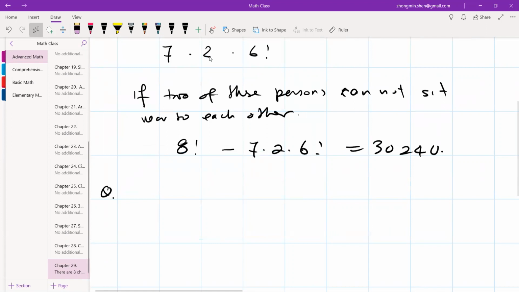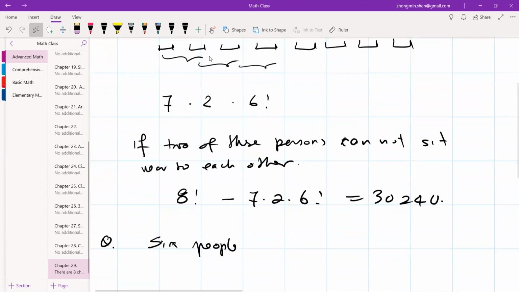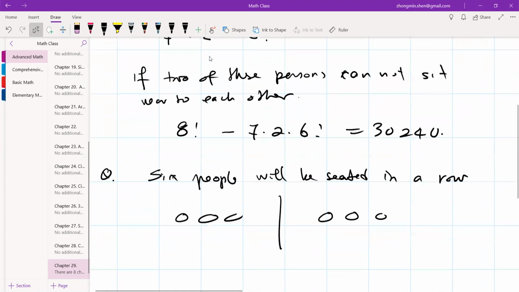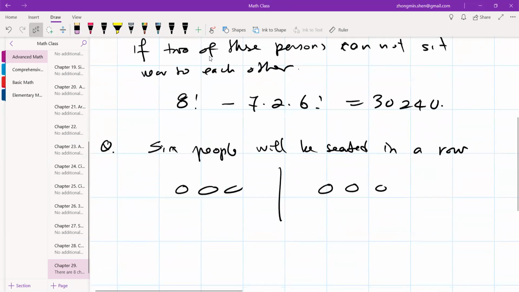Let's see, we have 6 people who will sit in a row, which you divide into 2 groups, left and right.